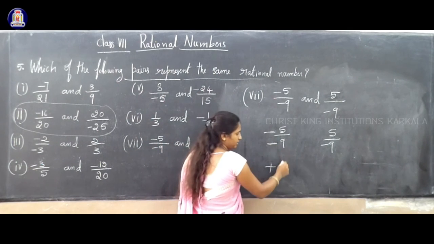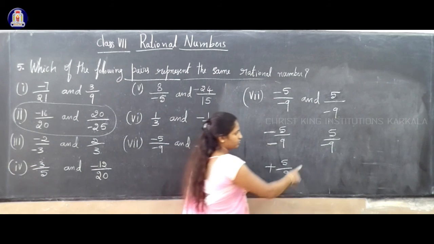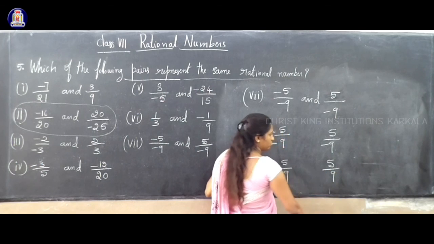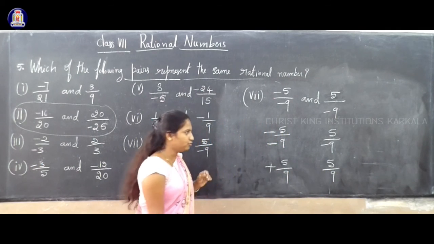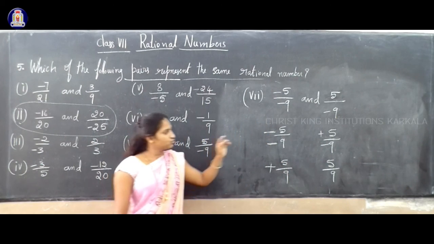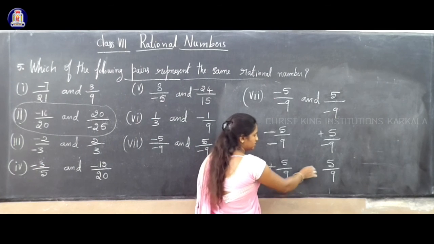So what remains is 5 by 9. This also we cannot simplify, so write 5 by 9. Then what is the sign? The sign in the numerator is plus and the denominator is minus. Plus minus is minus.